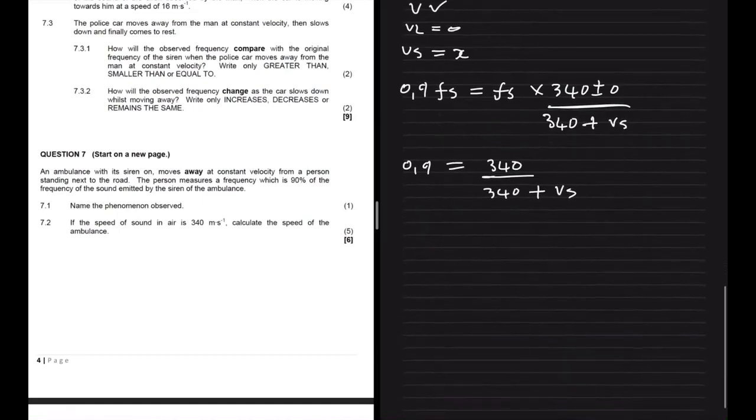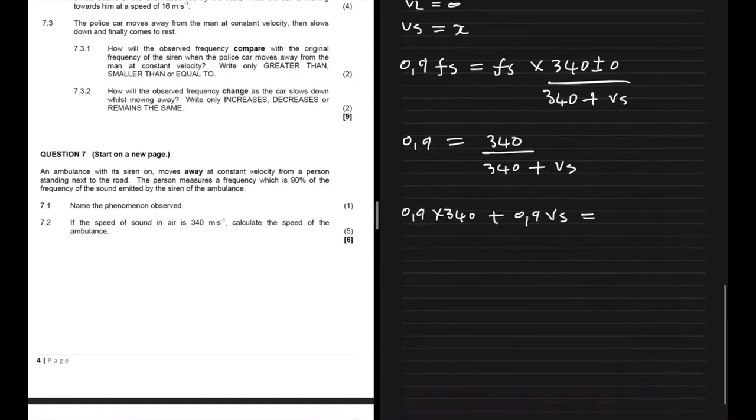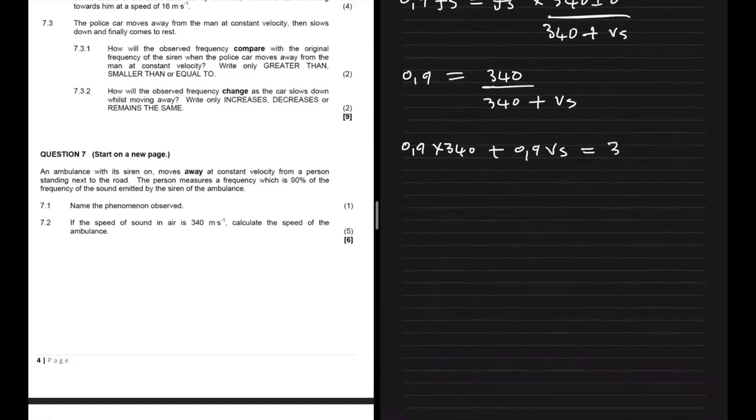Now let's cross multiply. We have 0.9 multiplied by 340 plus 0.9 VS equals 340 multiplied by 1. Let's take this to the right-hand side.